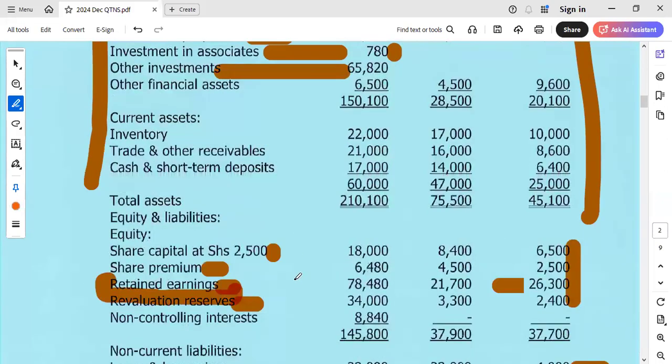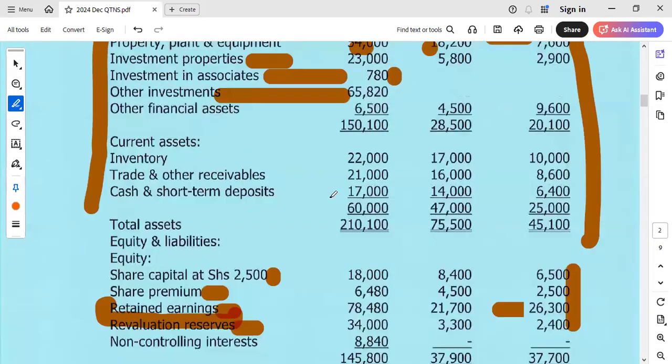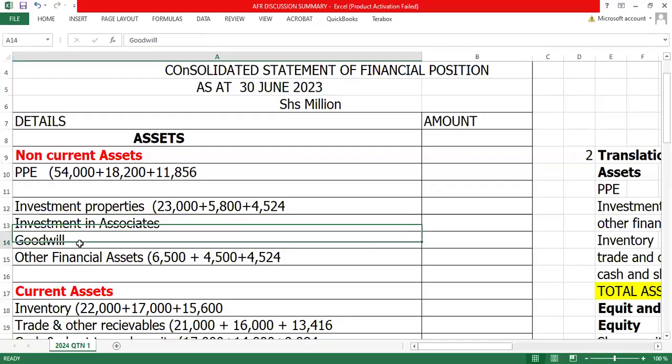Remember, other investments, the examiner said that other investments are investments made in HL and AL. So where you have other investments, you're going to put goodwill. You get that? That's why you see I have goodwill here.